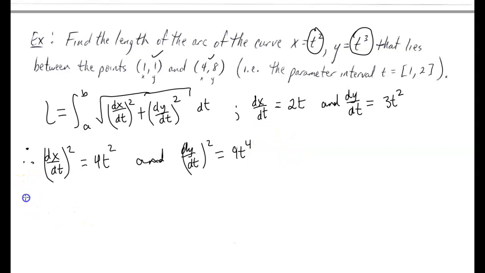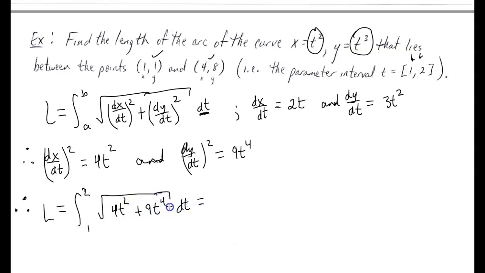Now that we have that, we can say the length of this particular curve is going to be the integral from, since we're taking the integral with respect to t, we use these values for a and b, from 1 to 2, of the square root of 4t squared plus 9t to the fourth, dt.